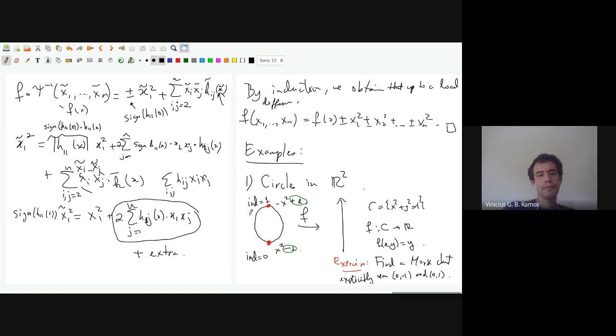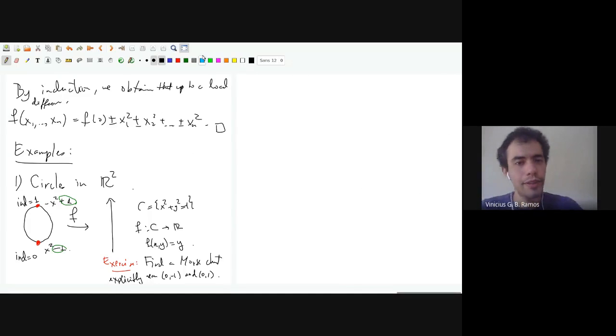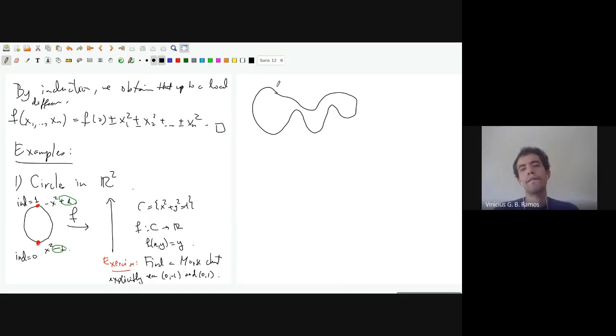Okay, so let's look at another circle in R2. I can look again at the height function, and then let's look at the critical points. We have 1, 2, 3, 4, 5, 6, 7, 8.